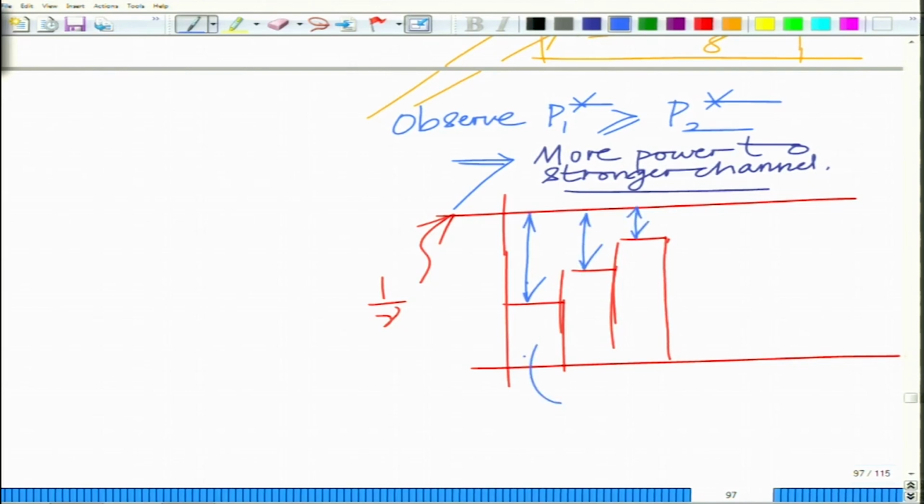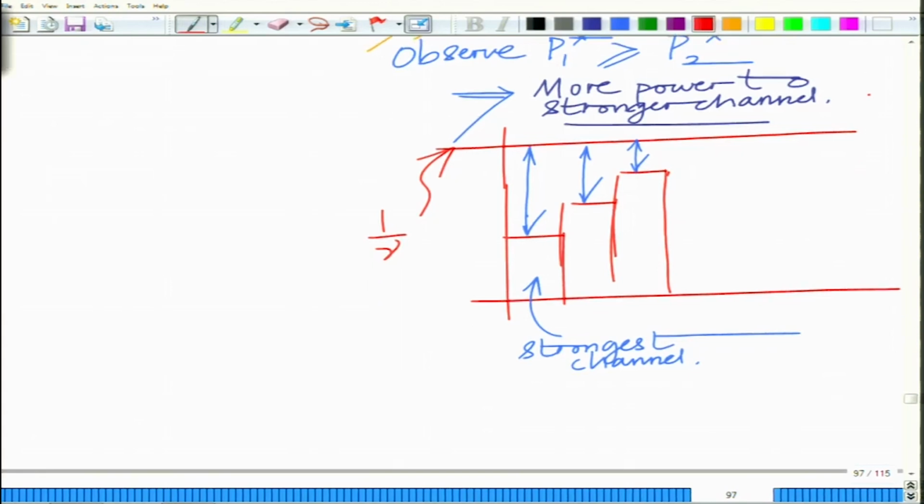And this is the strongest channel. What you see, which is indeed true, is that more power goes where the corresponding bar is smaller.